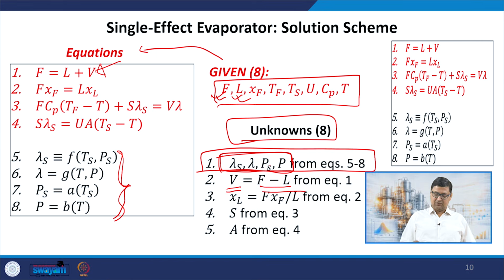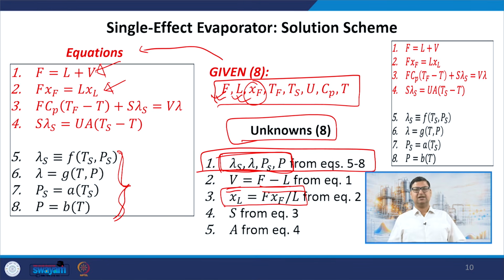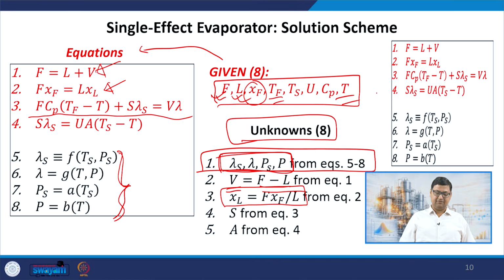And once I know L and V, then I can now go to this equation. I also know my XF, so I can compute my XL as well. In fact, in this case, F, L and XF, all of them are given, so we can do it even earlier. And now, once we know all of this, then we can go to the third equation, and I know TF, I know T, and once I know TF and T, I can basically get this equation.